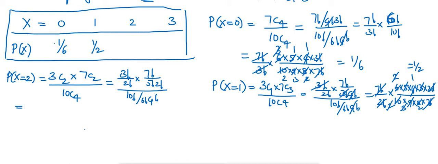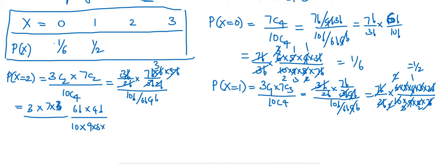The 2 factorial cancels, giving 3 into 7 into 6. 7 factorial can be written as 7 into 6 into 5 factorial, and the 5 factorial cancels. 10 factorial can be written as 10 into 9 into 8 into 7 into 6 factorial, and the 6 factorial cancels. 4 factorial can be written as 4 into 3 into 2.